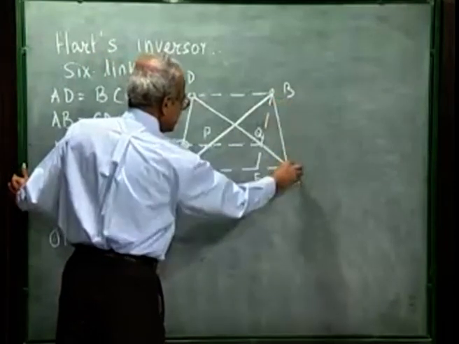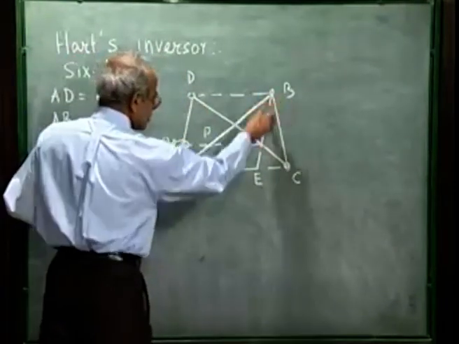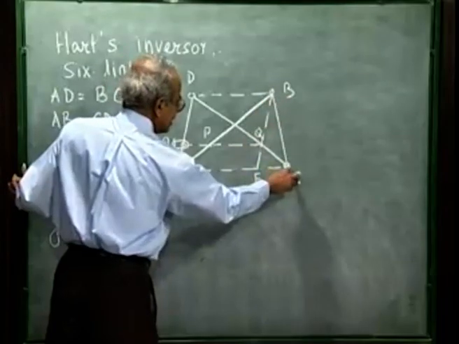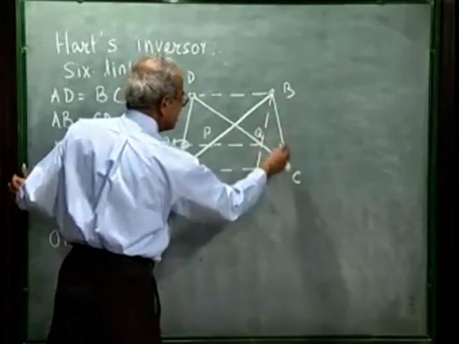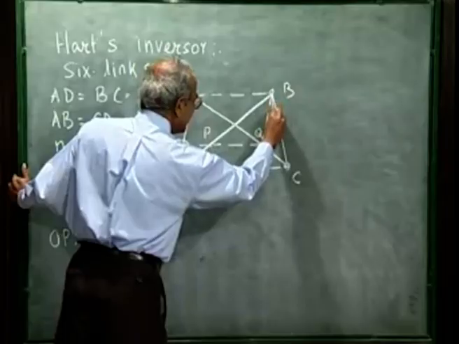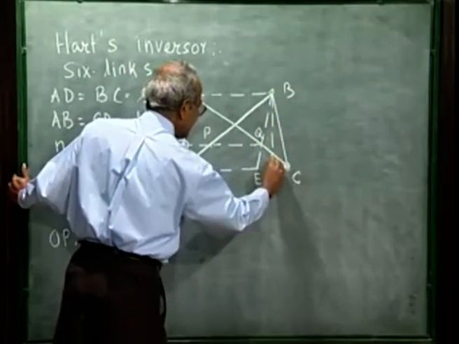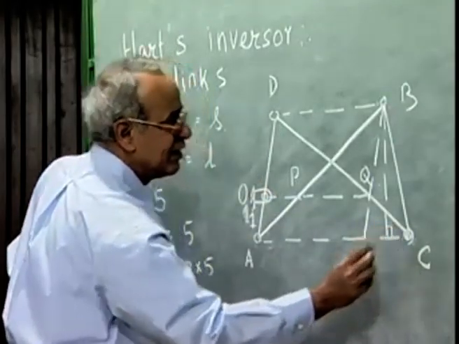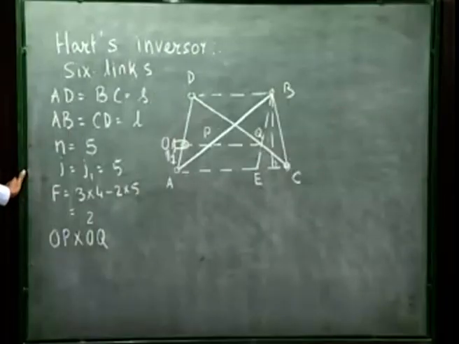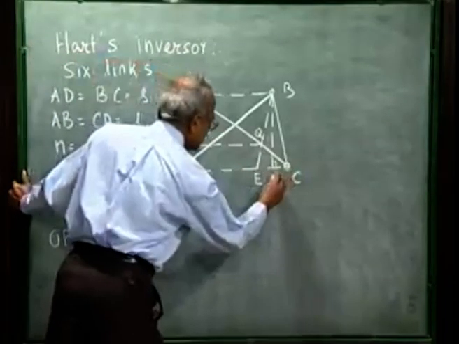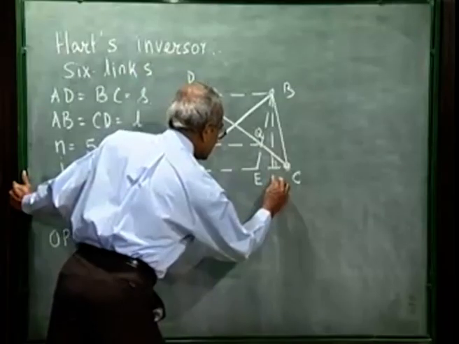Now, BC is also equal to AD, which is equal to BE, so I get an isosceles triangle BEC. So, I drop a perpendicular bisector from B onto EC and let me call this point F.